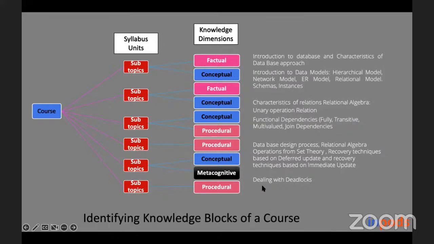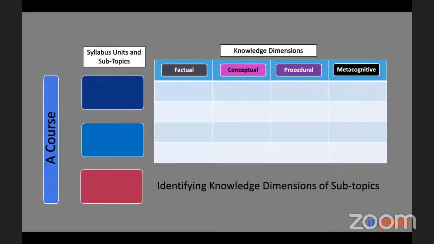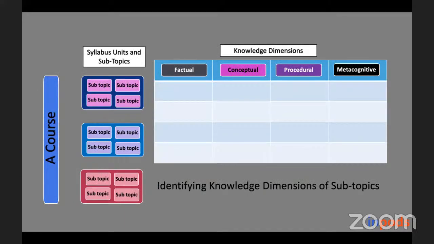Understanding of how to deal with the deadlocks, when they have to deal with the deadlocks, is metacognitive knowledge. So something that is inherently related with metacognitive you can easily identify, but generally you can create the opportunities for the students to go to the level of a little more understanding of the strategy behind solving the problems, and that is to help them develop their metacognitive skills.